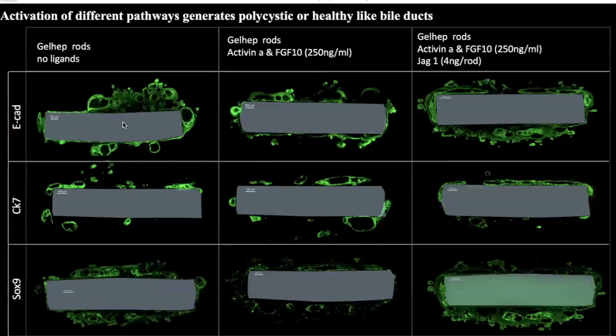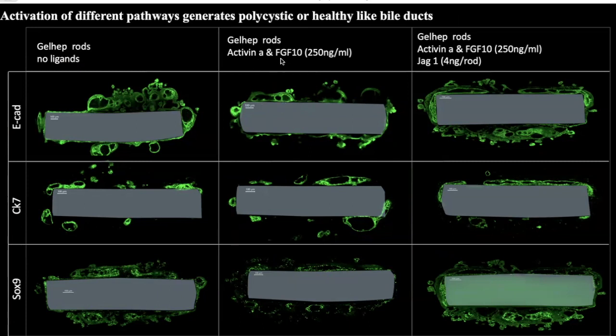Now, if you treat the rods with different growth factors, you get very different morphologies in the end for the lumens and the equivalent of bile duct. If you have no ligand at all, you get almost exclusively big spherical lumens that are either lining the rod, but most of the time they accumulate into a big lump of cells, and they never really make tubes. They make these spherical things that never really merge.